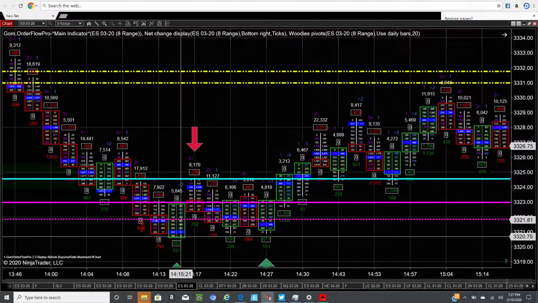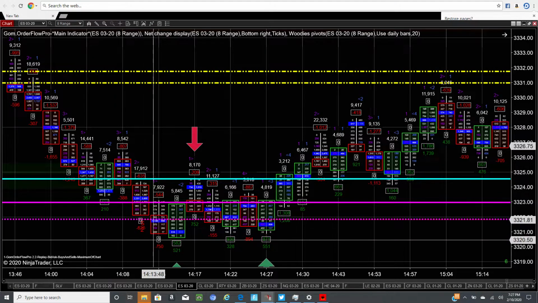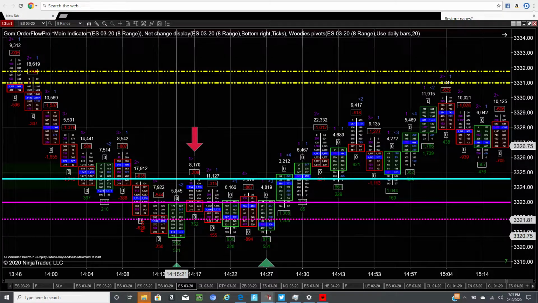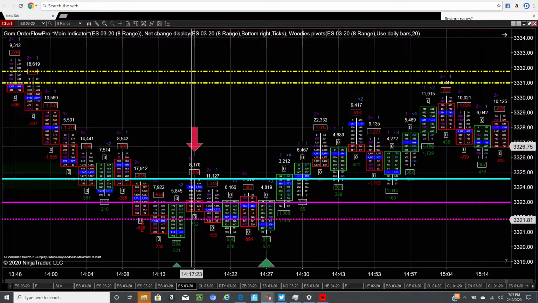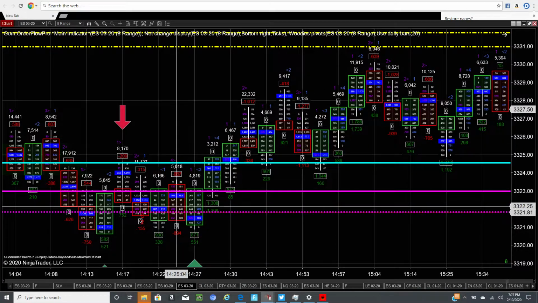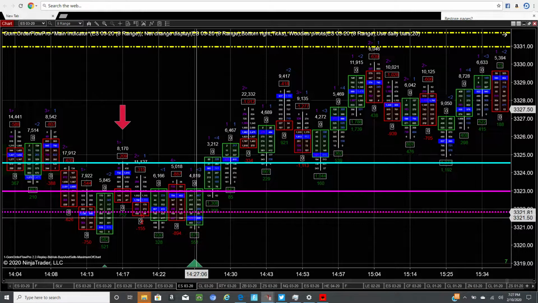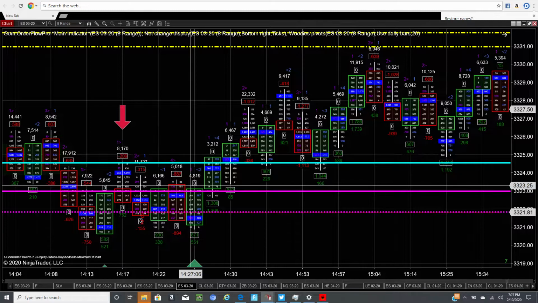So here we are at S2 on the Woody's pivots, and we get a buy signal with the hybrid, and then we get a sell signal right afterwards, and we really don't go anywhere until we get another hybrid right here, right at the Woody's pivot. And not only at the Woody's pivot, but you're right in that pressure zone.